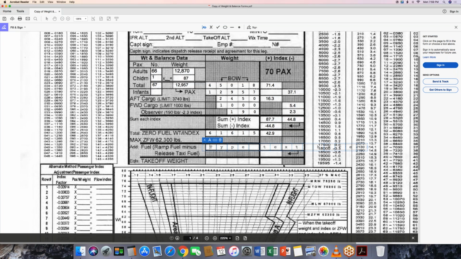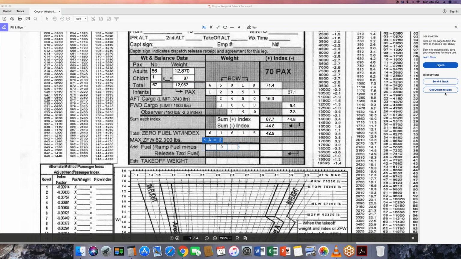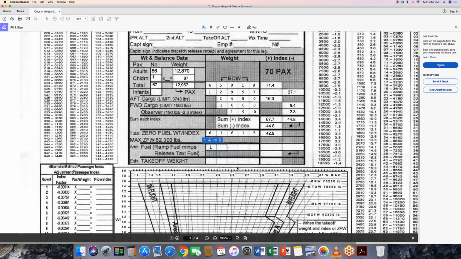That repetition. For me, I'm so visual, I have to sit there and do it over and over again or else I forget what I'm doing.